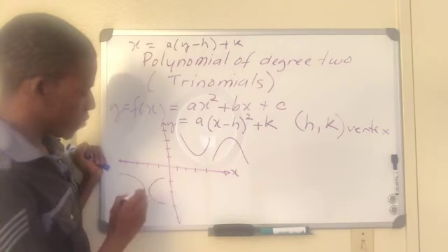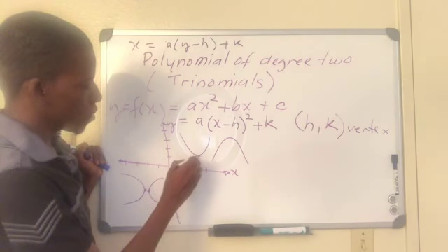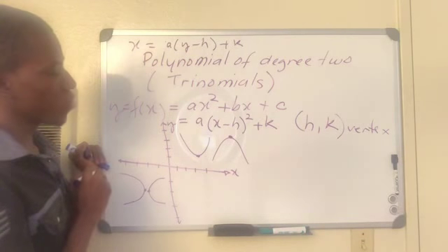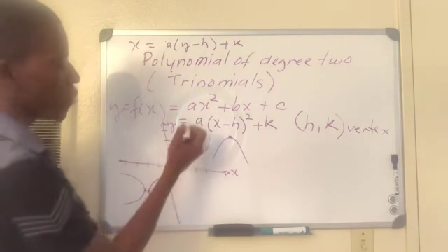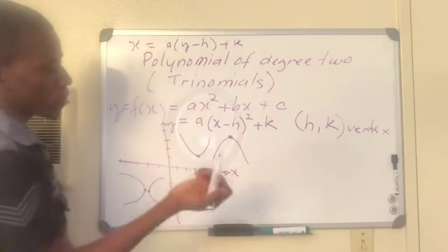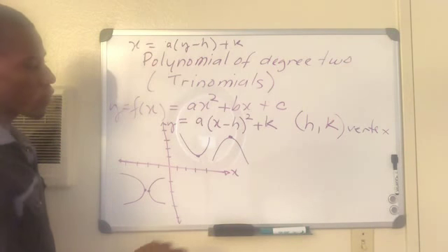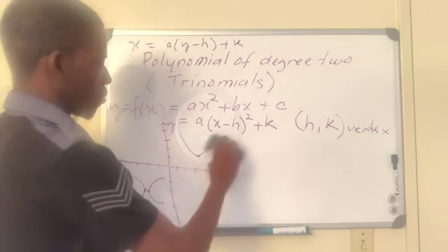That point right here is going to be the vertex of our function. Once we know the vertex, that's it. We can find the behavior with the sign that is in front of our trinomial. Okay, so let's do an example, see what's going on here.